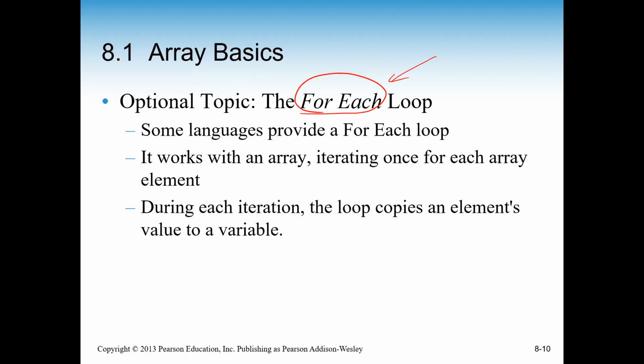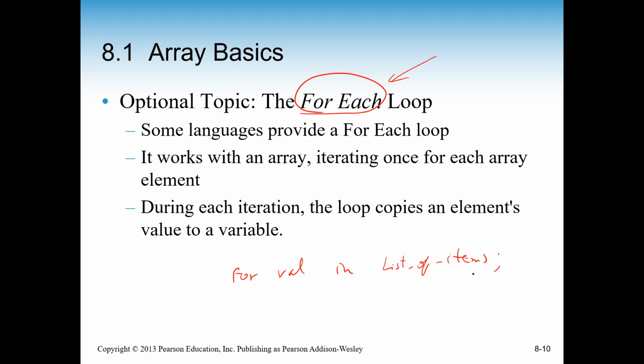It works with an array, iterating once for every array element. During each iteration, the loop copies an element's value to a variable. Python doesn't have that specific thing, I should say, but it does have, as we've talked about already, for val in the list of items.